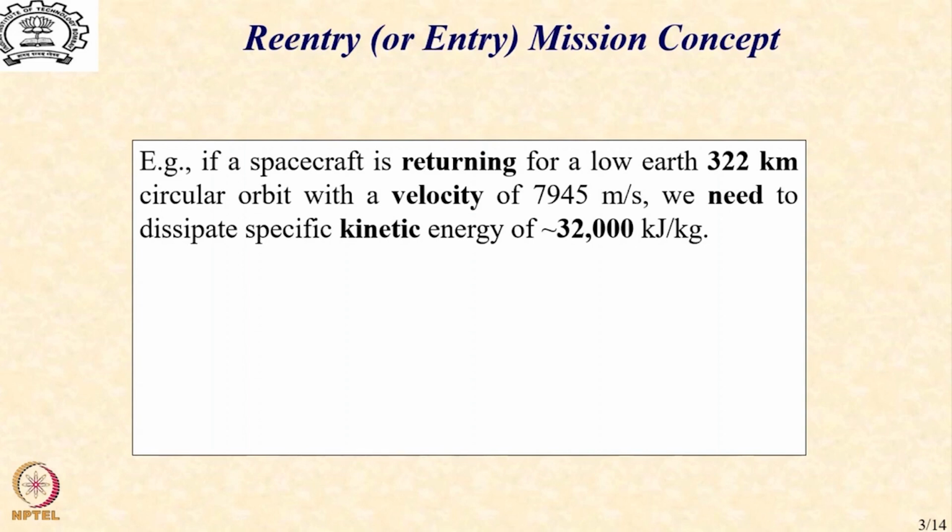So, if we assume that a spacecraft or a capsule is returning from a low Earth orbit of 322 km circular in nature, typically such orbits will have a velocity close to about 8,000 meters per second, and this represents a specific kinetic energy of the order of 32,000 kilojoules per kg, that is total kinetic energy per unit mass.